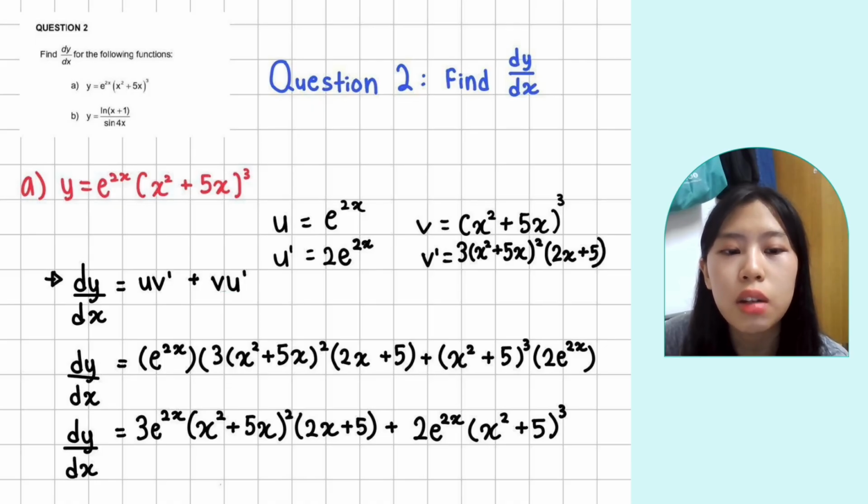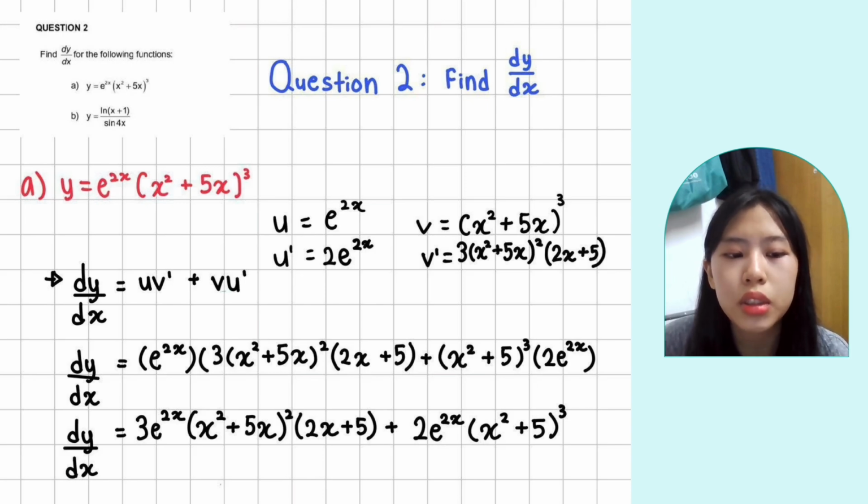which is dy/dx = uv' + vu'. First, we must differentiate u, which is e^(2x). Then it will become u' = 2e^(2x). Then, we will differentiate v, which is (x² + 5x)³.